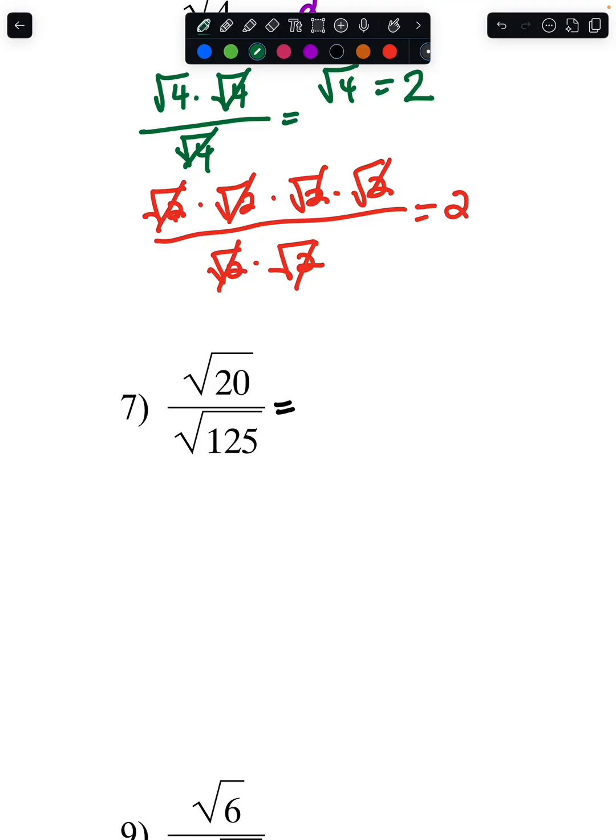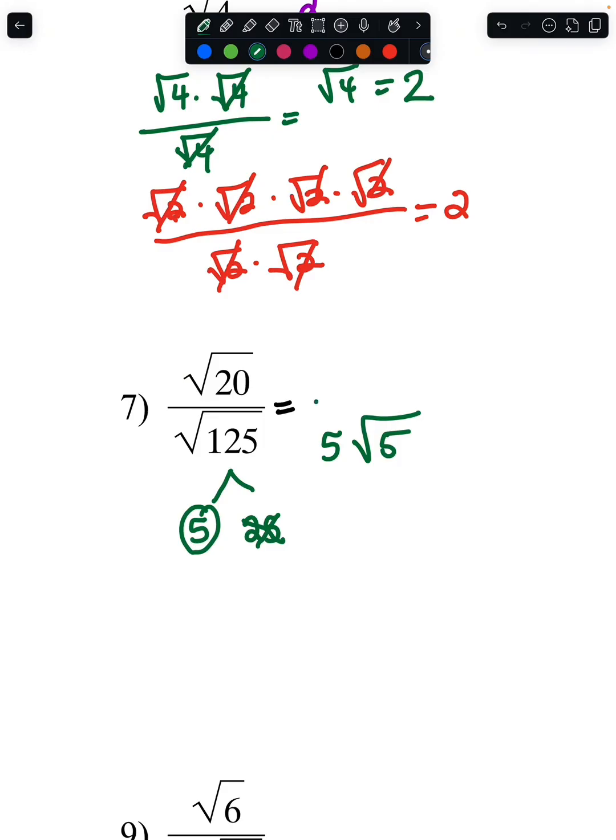So 125. First thing that comes to my mind is 5 and 25. 5 is prime. And 25 is a perfect square, which happens to be 5. So I'm going to take this 5 out, and I'll put the other 5 over here.